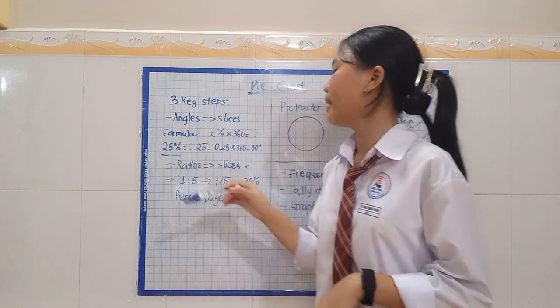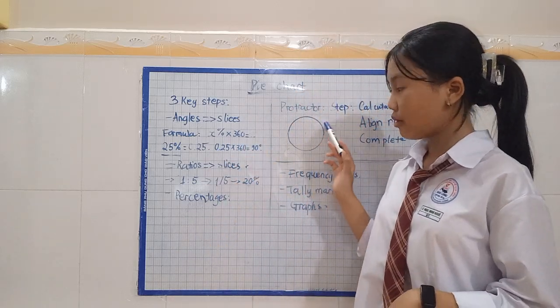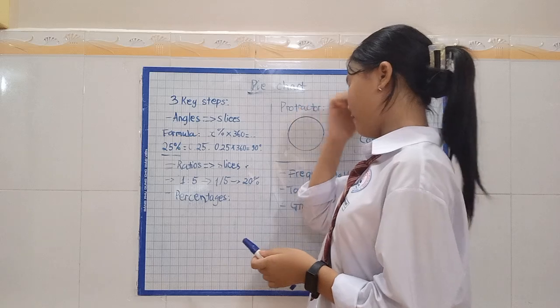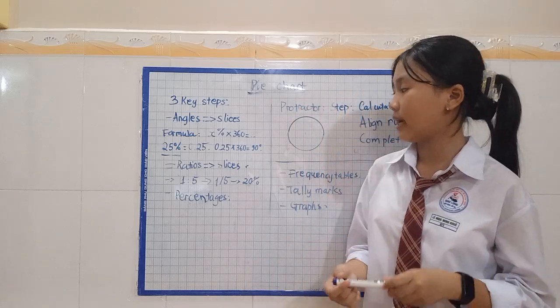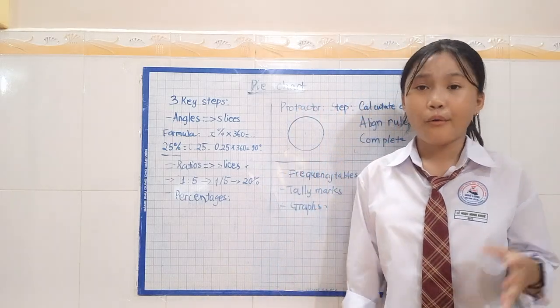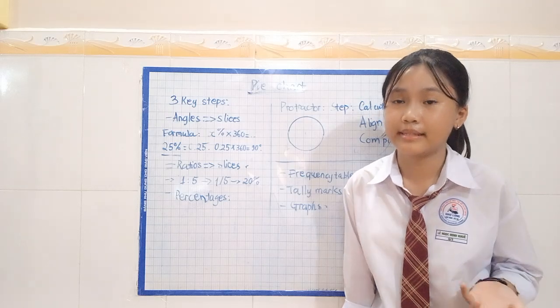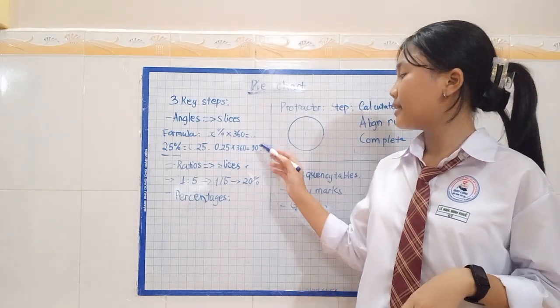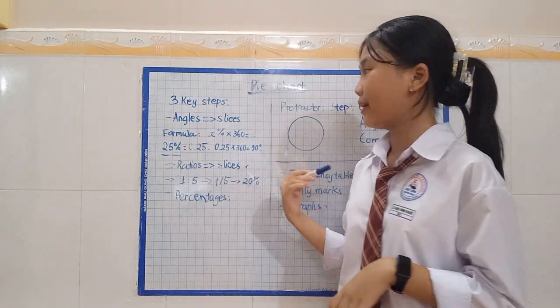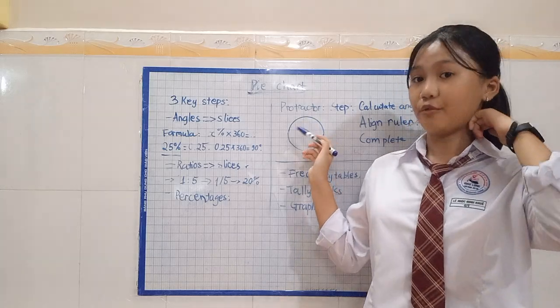Then we take 0.25 times 360 and it equals 90. But what does 90 mean here? 90 is the angle you need to draw into your pie chart.